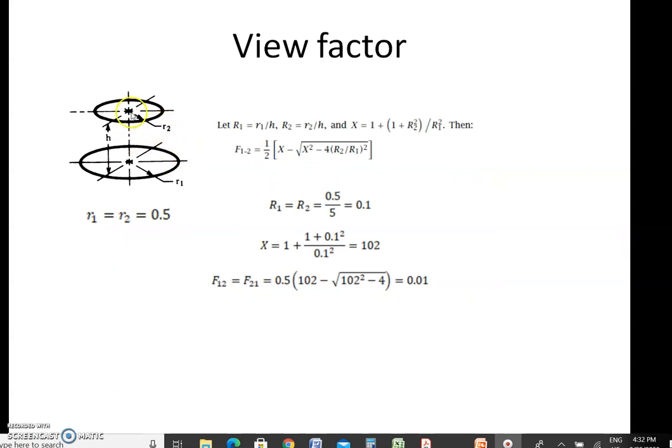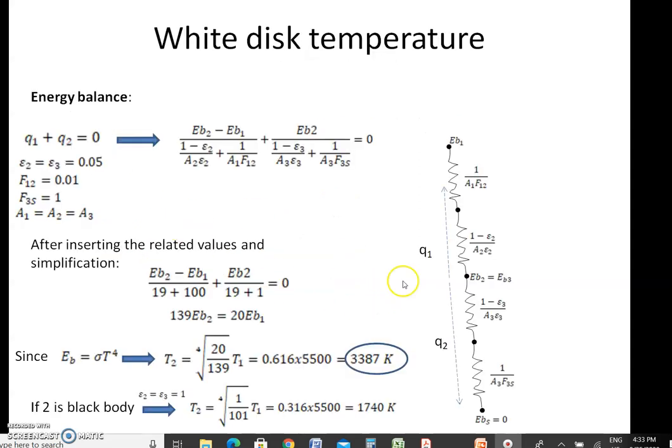Since both disks have the same diameter, and we have h, the distance between the two disks, if we plug them into this equation, we get F12 as 0.01, which is very small, but I guess the reason is that they are spaced far away from each other. Knowing this, we plug them into this equation.